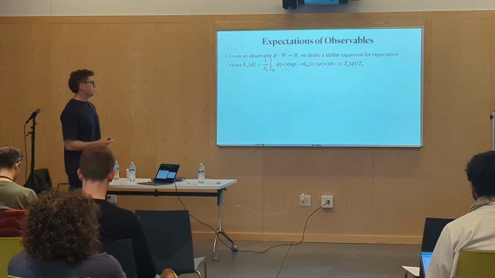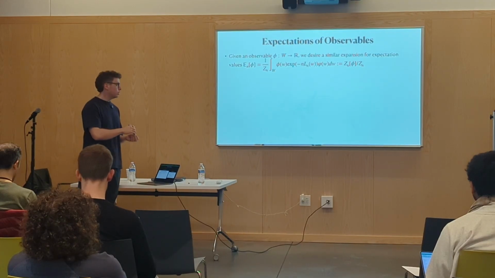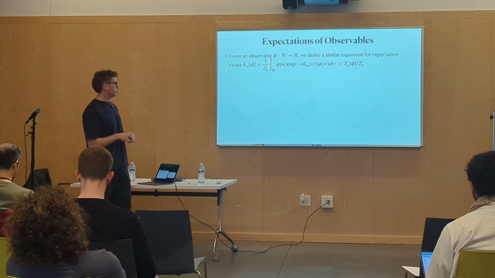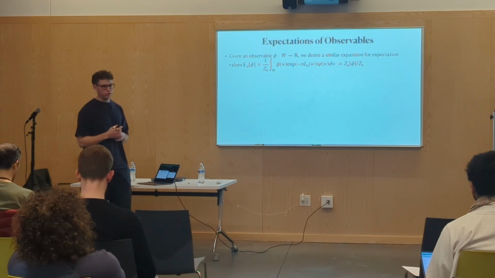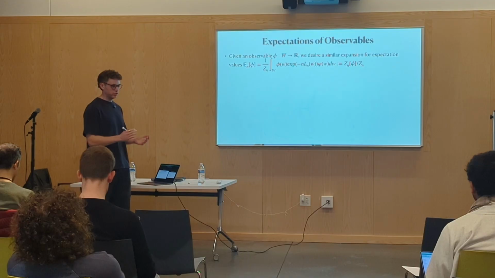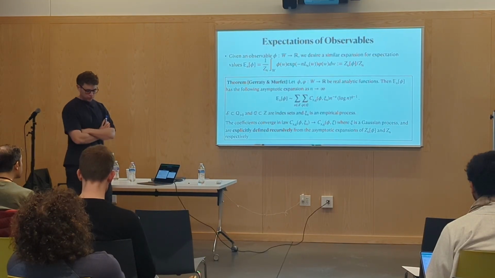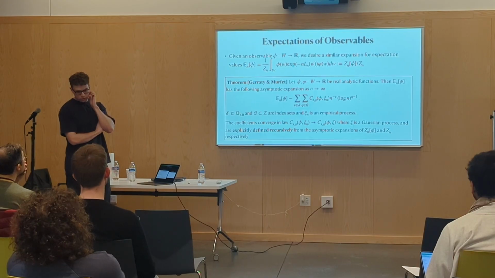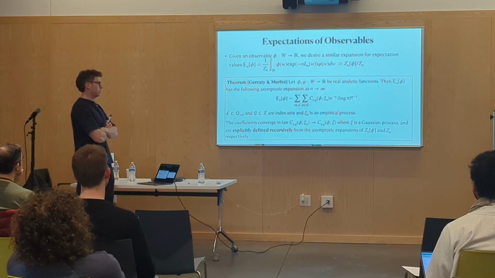Okay, so the state of the art so far is we can take the partition function's first order expansion, and we would like to also be able to consider expansions of observables, which I will think of as real analytic functions on our parameter space. Can be whatever you like. So one of the main results across my PhD is deriving a recursion formula for the coefficients that appear in this expansion.